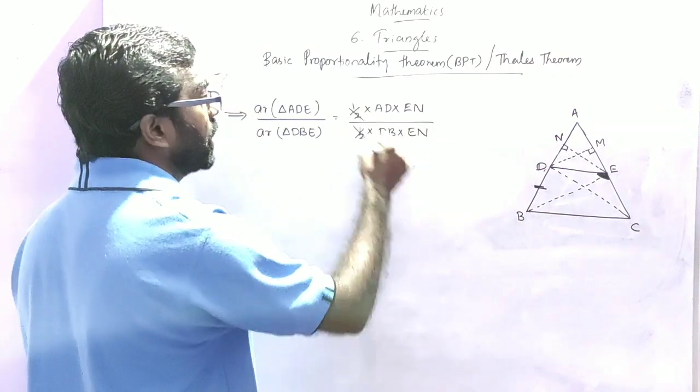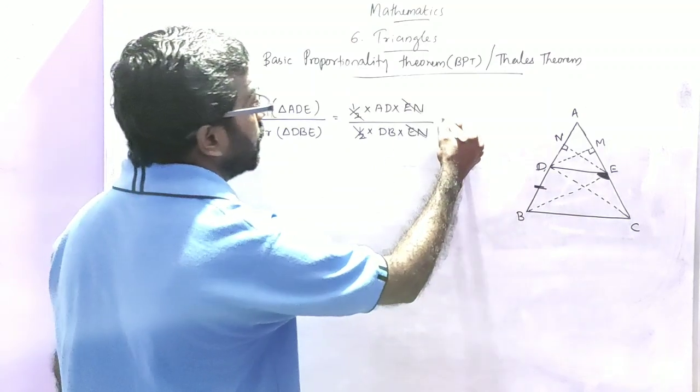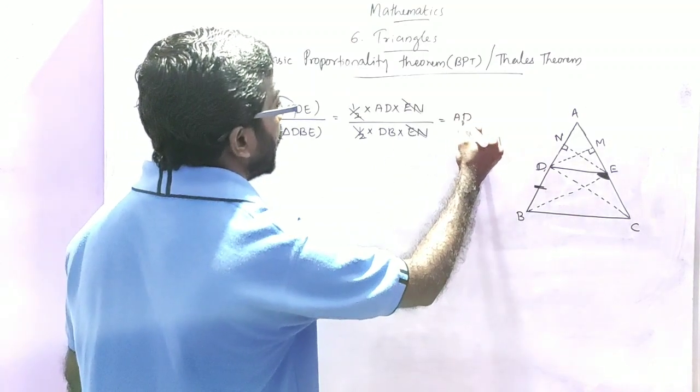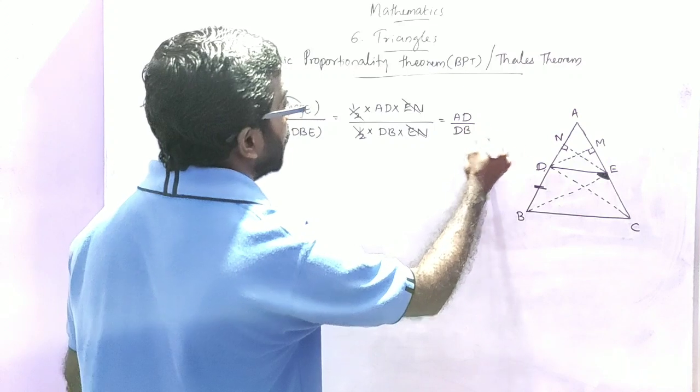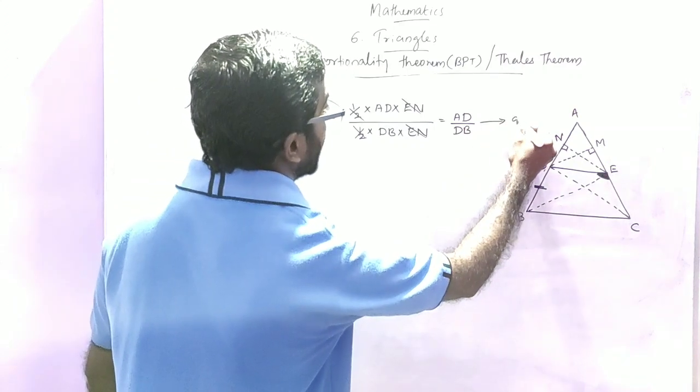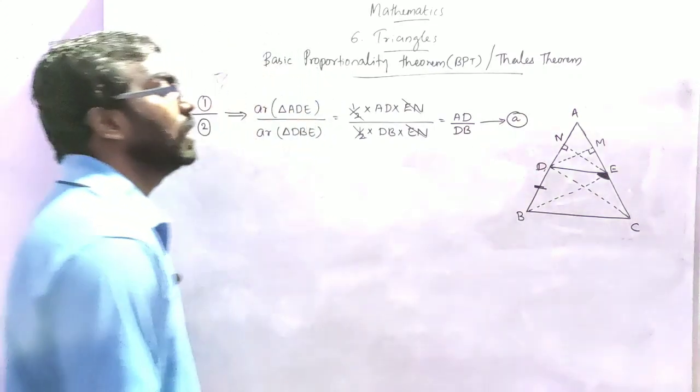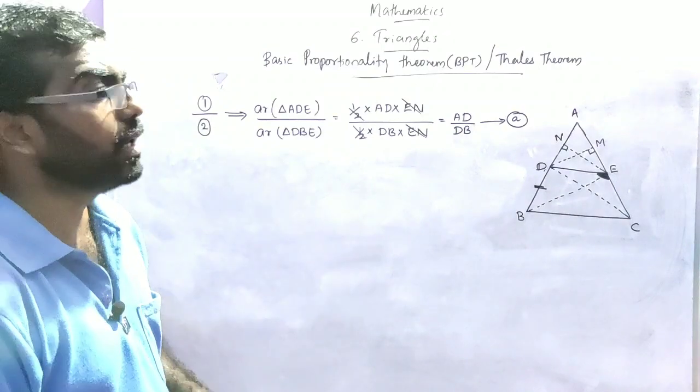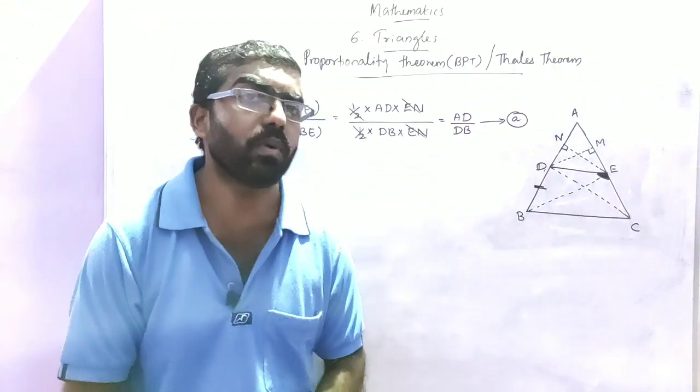Here half and half we can cancel, EN and EN cancel, and the remaining is AD by DB, and I take this as equation A. I take a different notation, equation A. You can also take equation number 5.